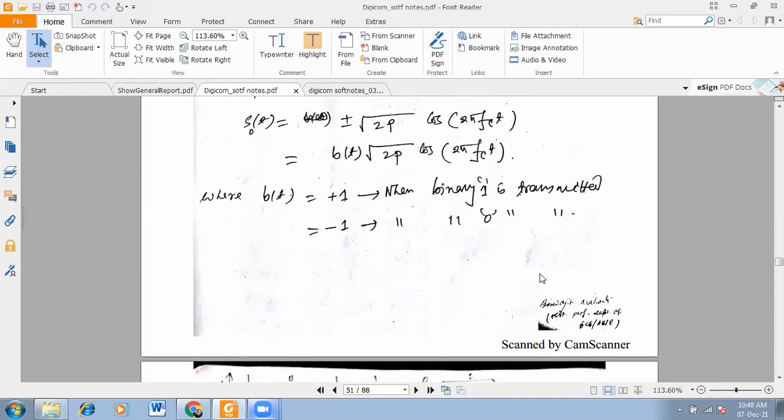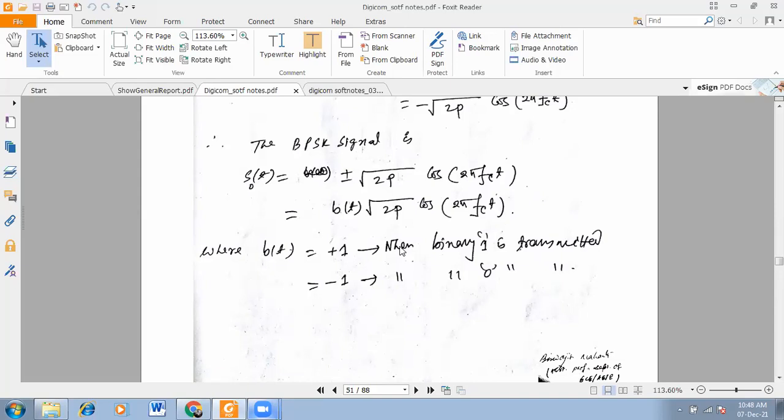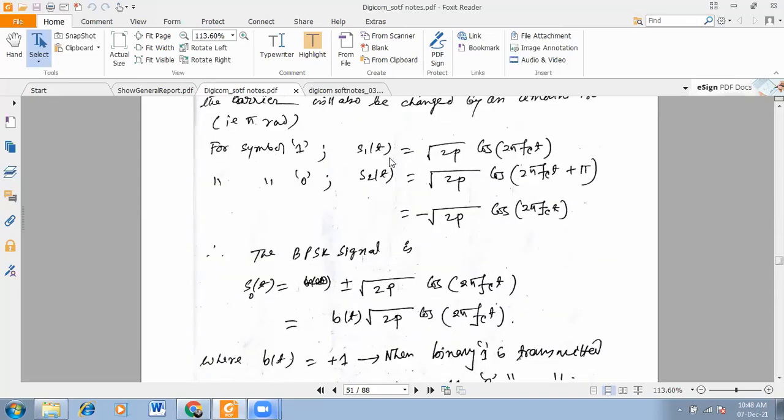Mathematically, to make the expression concise, since we get both S1 and S2, we can combine them and write the final modulated wave S0(t). Look here: this is plus and this is minus. That is the difference, a plus sign and a negative sign.